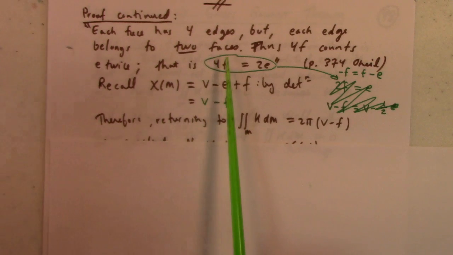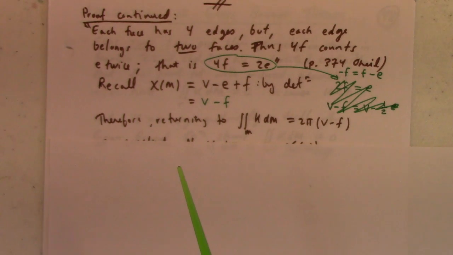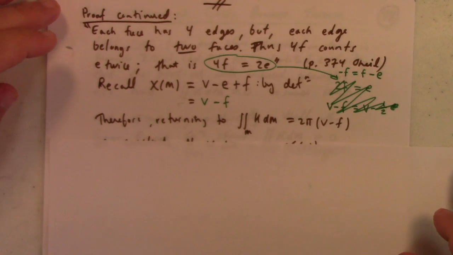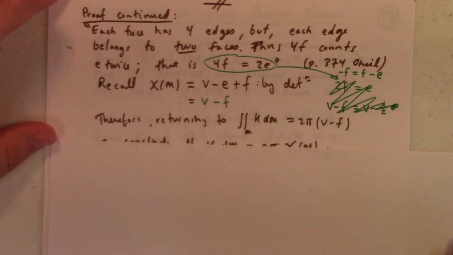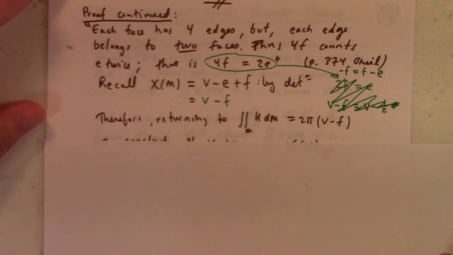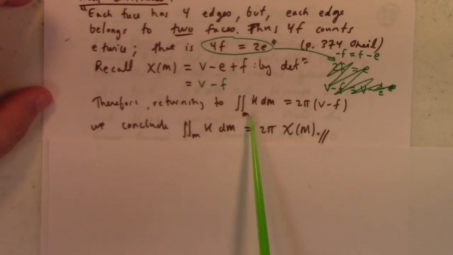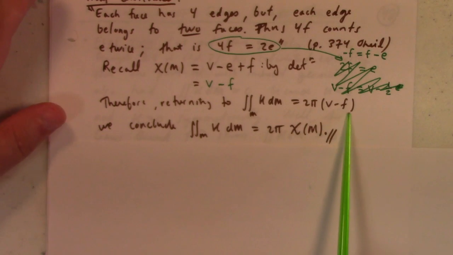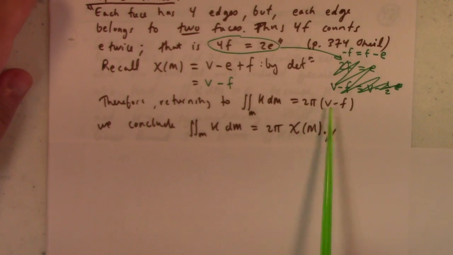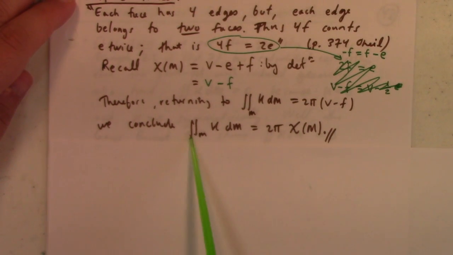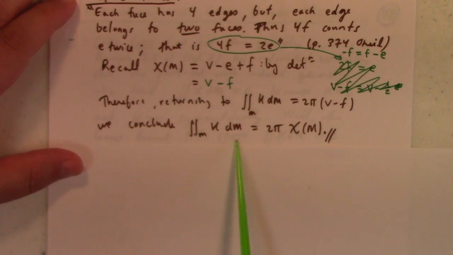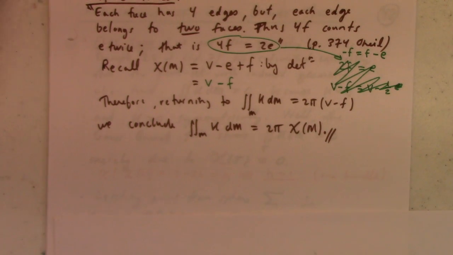If you look at other books which have proofs in terms of triangularizations, these little details here get distorted into other little combinatorial factoids like here 4f equals 2e. Anyway, returning to the total curvature, it is equal to 2 pi times v minus f, but that is the Euler characteristic. So we get that the total Gaussian curvature is 2 pi times the Euler characteristic.